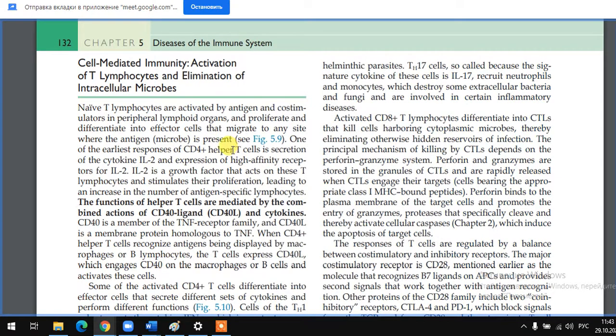They produce cytokines like interleukin 2, and they also have receptors for interleukin 2. Interleukin 2 is a growth factor which acts on T lymphocytes and stimulates the proliferation of the cells. So they are like self-stimulating cells. They stimulate themselves and also other T lymphocytes.